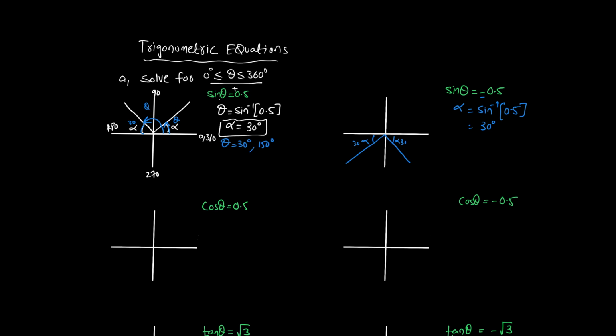But the value of theta would be, one of the angles is this and the other angle is this. So the first angle is this, which is 180 plus alpha. So theta is 180 plus alpha. So 180 plus 30, 210 degree. The second value of theta would be 360 minus alpha, since it's in the fourth quadrant. So 360 minus 30, 330 degree.